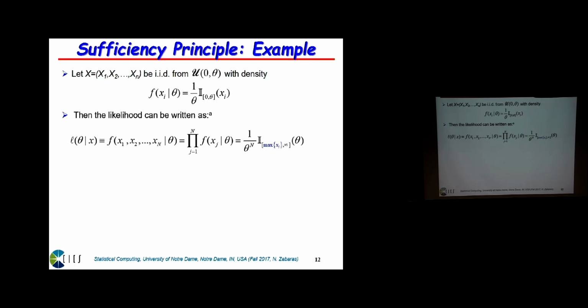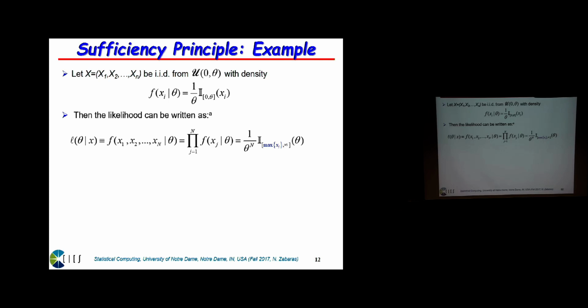So theta has to be from where to where? From a maximum of xi to infinity. So what's the sufficient statistic for the calculation of theta if I do maximum likelihood estimation here? Maximum of xi. Nice. All right. So things can be weird looking.